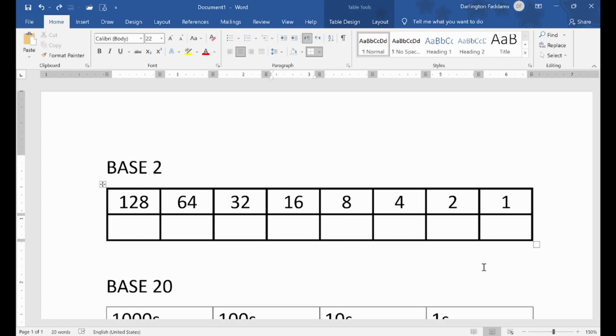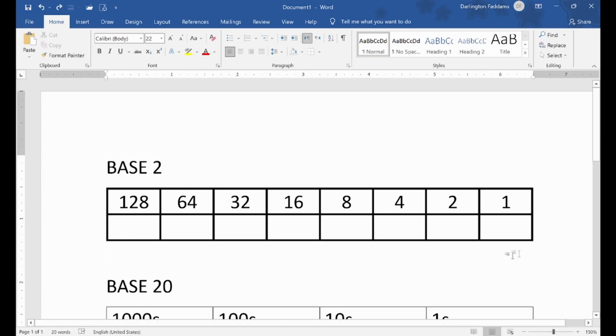Next person will be Millicent. Millicent, your number is 70. How will you calculate 70 using this method? So what will you put under 64?